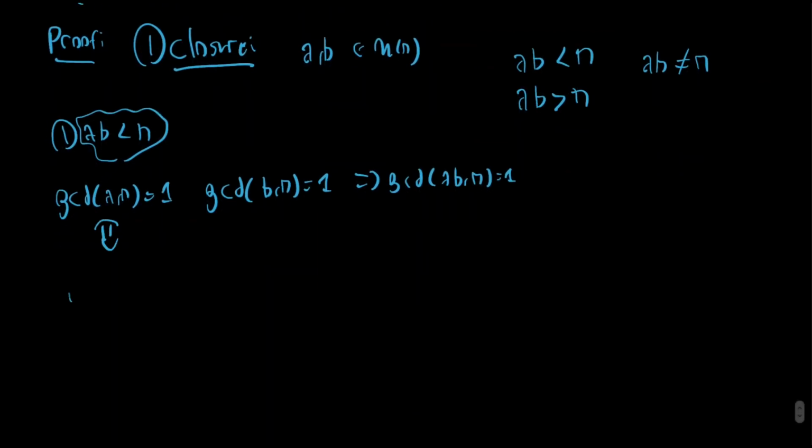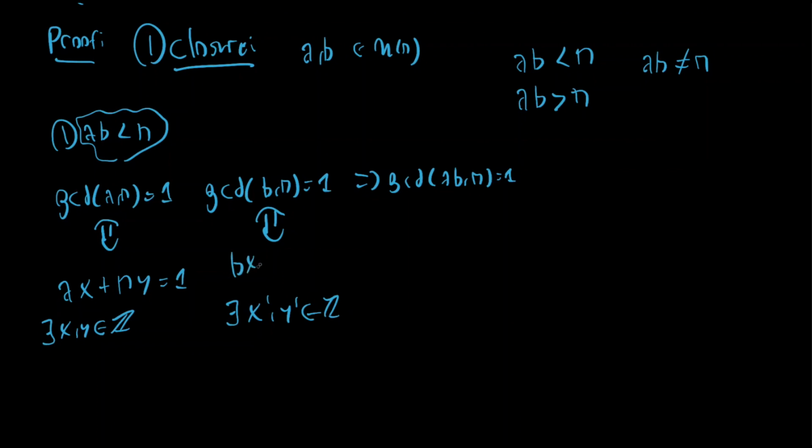By Bezout's identity, we have that a times x plus n times y is equal to 1, so there are some integers x and y such that this is true. And for the second GCD, we will again have two integers x prime, y prime, such that b x prime plus n y prime is equal to 1.